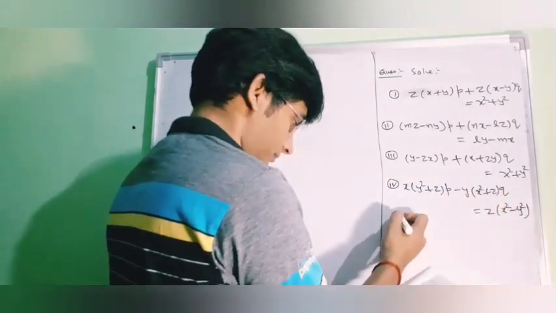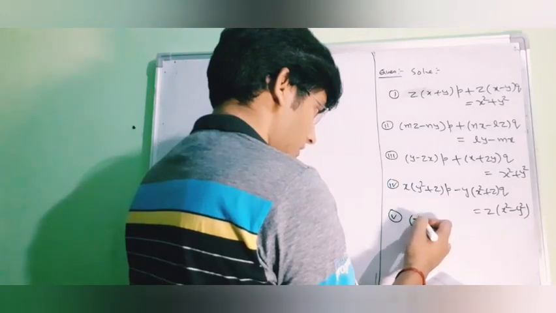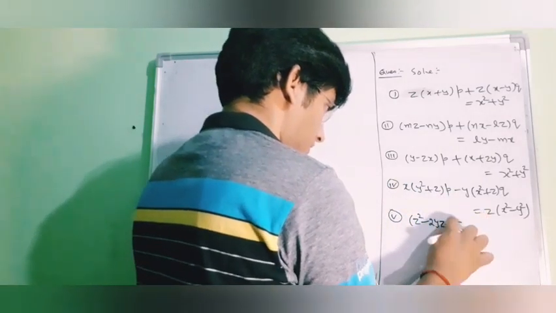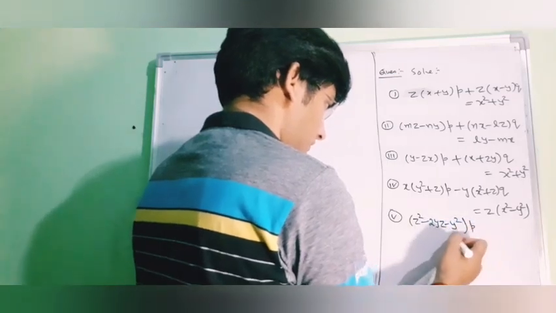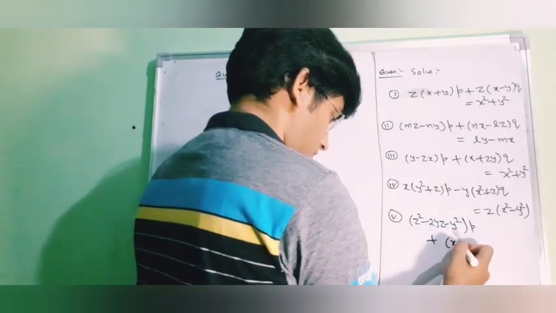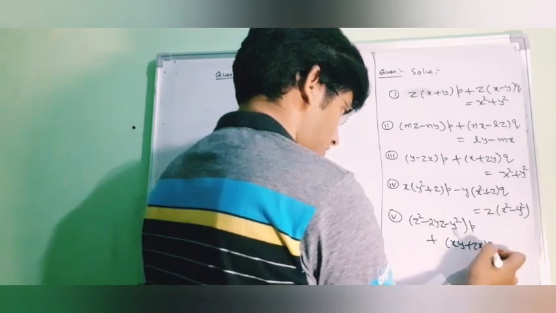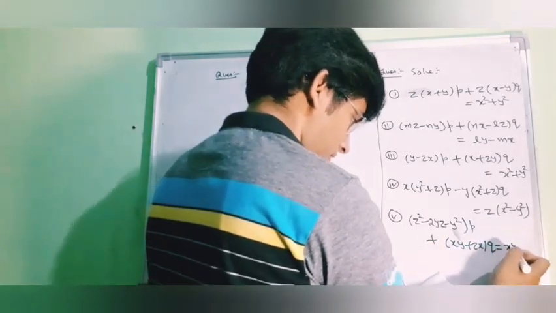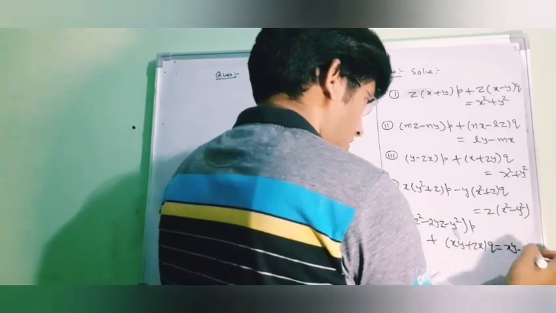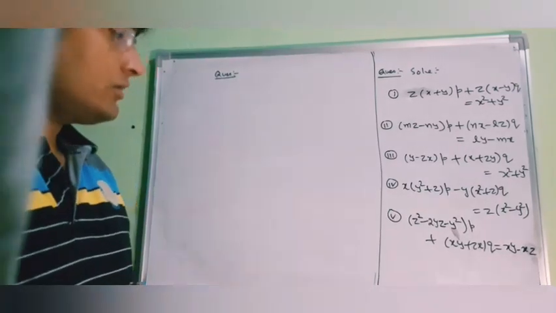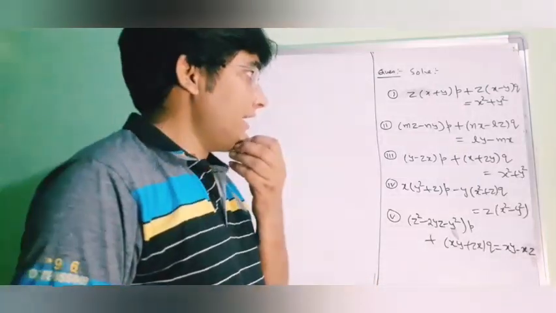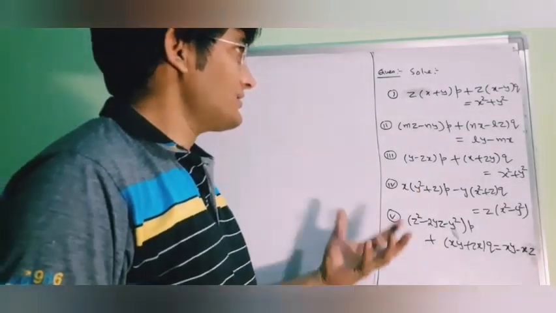And the fifth problem is (z square minus 2yz minus y square)p plus (xy plus zx)q equal to xy minus xz. Okay, these are the 5 questions. All these questions are similar to each other and they belong to the same class.